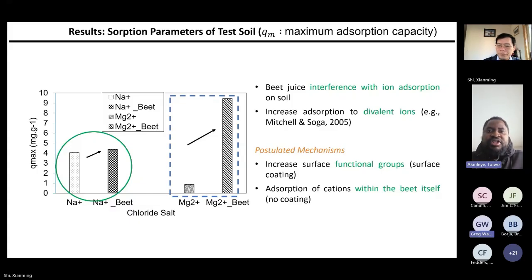But for our results, what we notice is that the beet juice actually absorbs these cations into itself, and so limits the interactions with the soil.